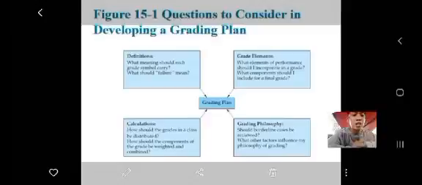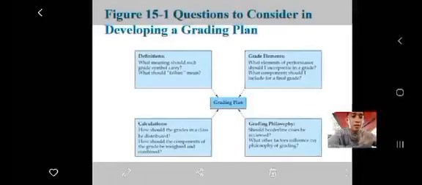And also calculation. How should the grades in the class be distributed, or how should the components of the grade be weighted and combined? Grading philosophy: should borderline cases be reviewed? What other factors influence my philosophy of grading?